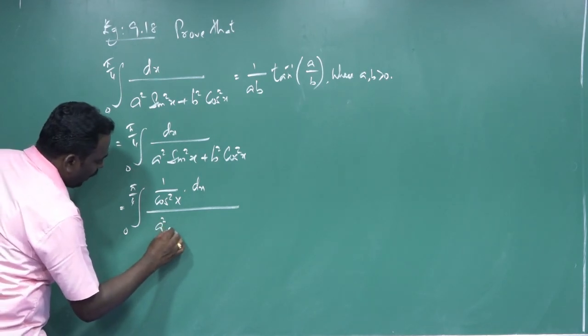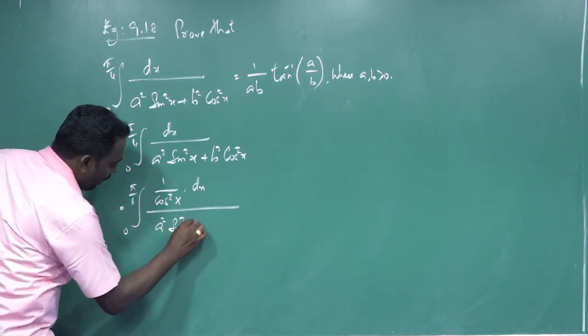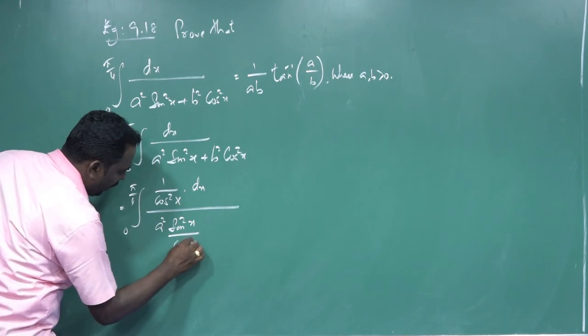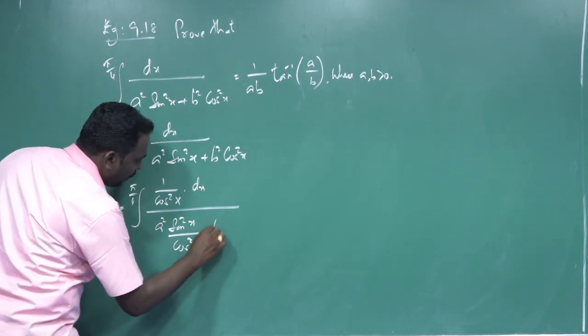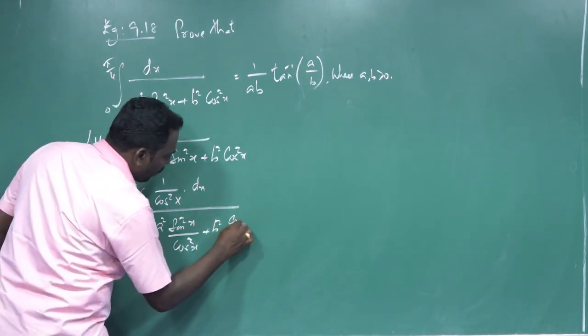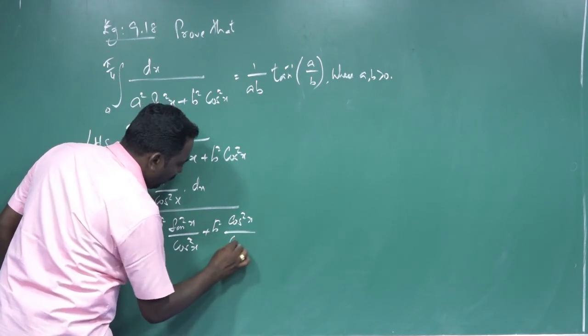Therefore a square into sin square x by cos square x plus b square into cos square x by cos square x.